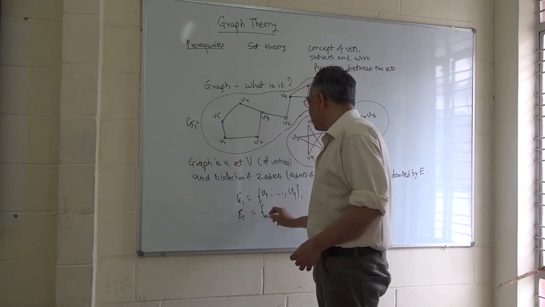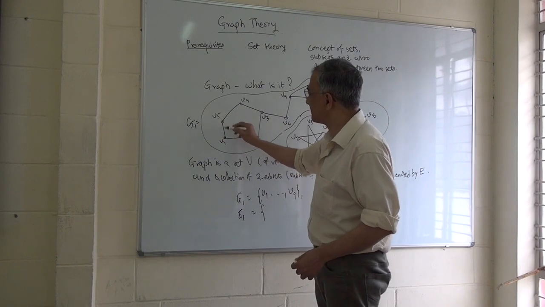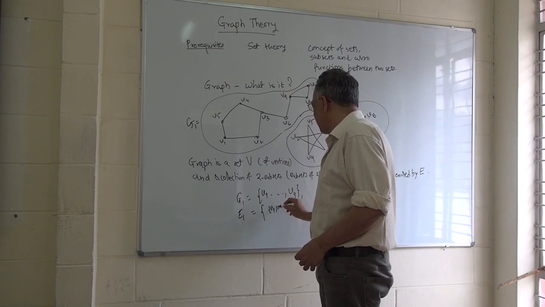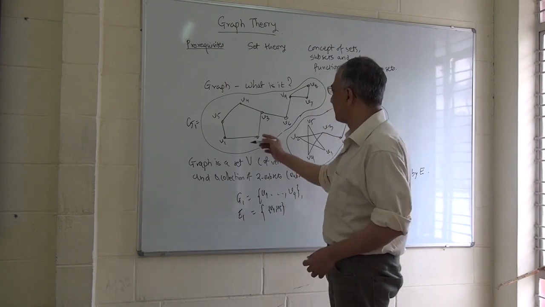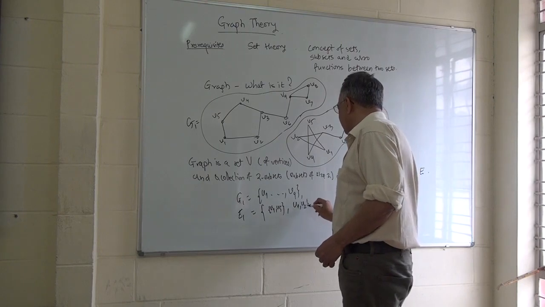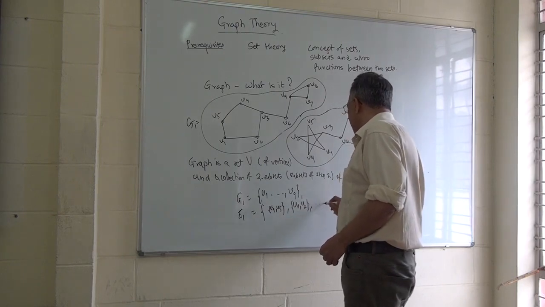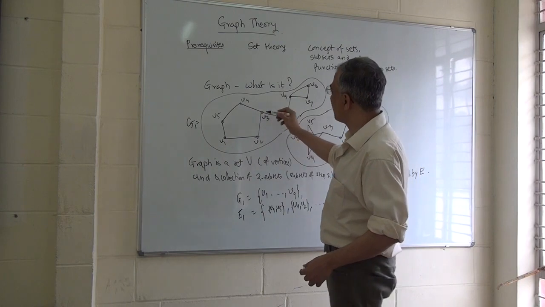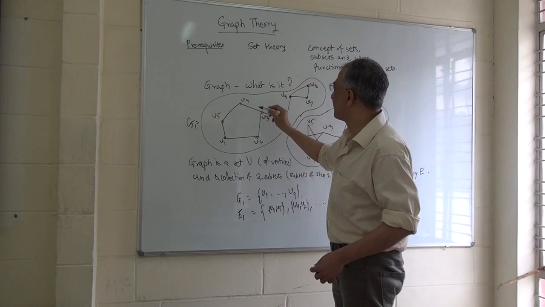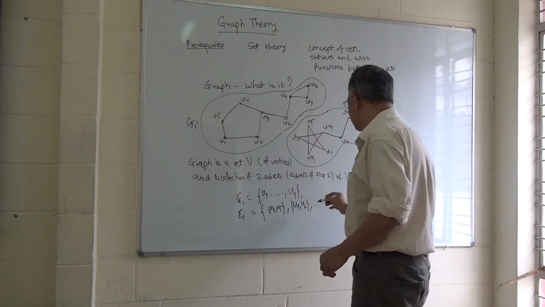For example, this edge will be connected as V1, V5, the set V1, V5. These are two subsets, the endpoints of an edge, V1, V2. Whenever you see an edge, you look at its endpoints. Those endpoints will be two distinct points, and that will give me a two-element set.